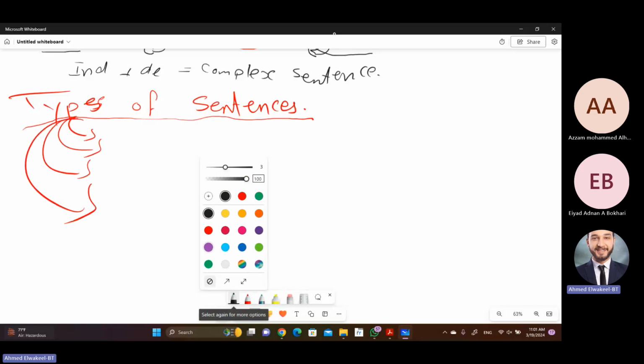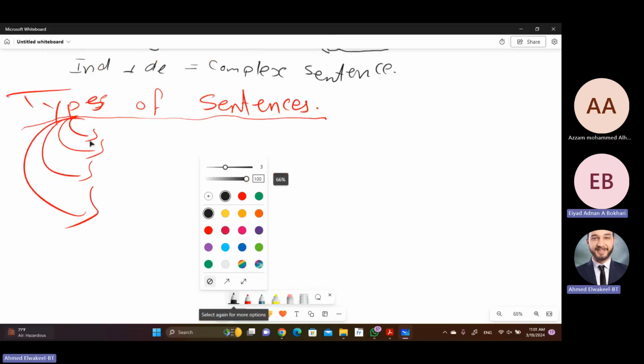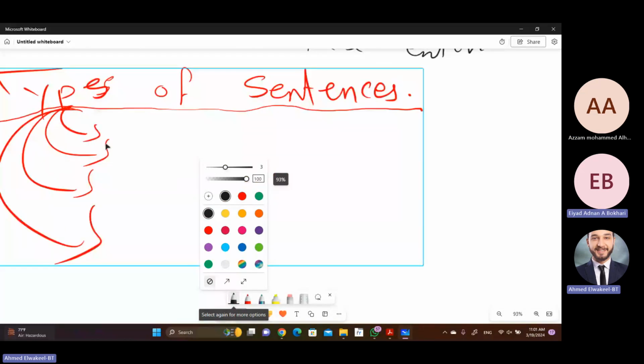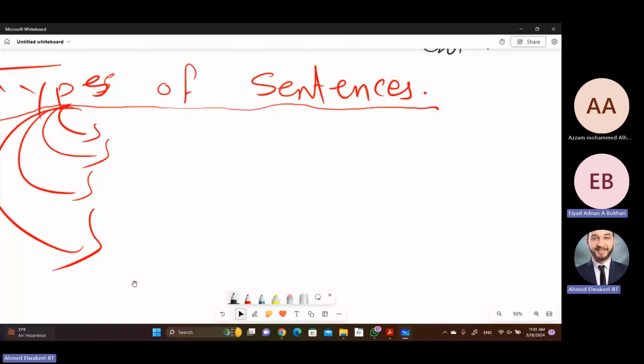The first type of any sentence is called simple. What is a simple sentence?